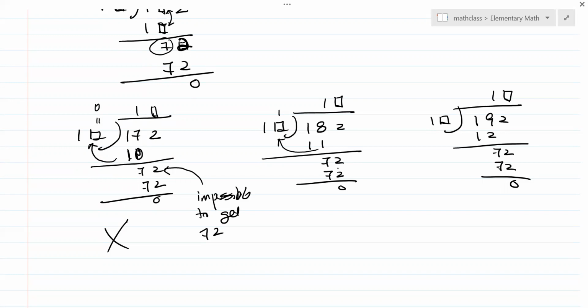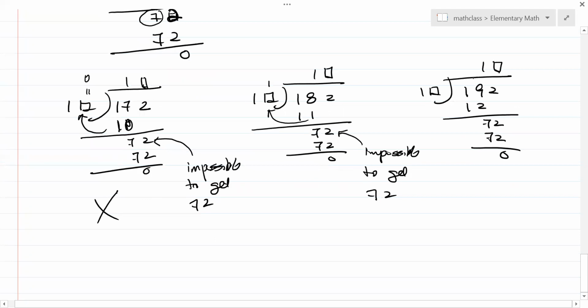Okay, 11 times any number, it's impossible. You cannot get 72. Impossible to get 72.